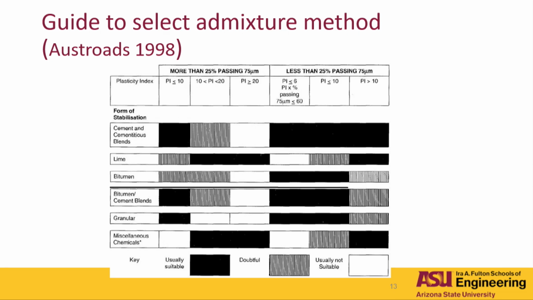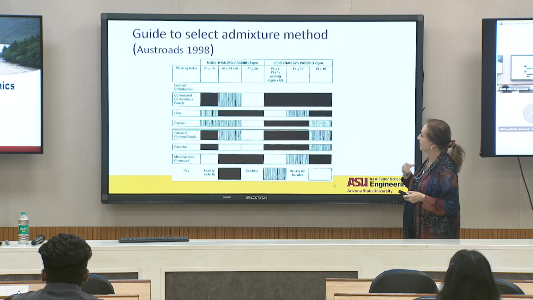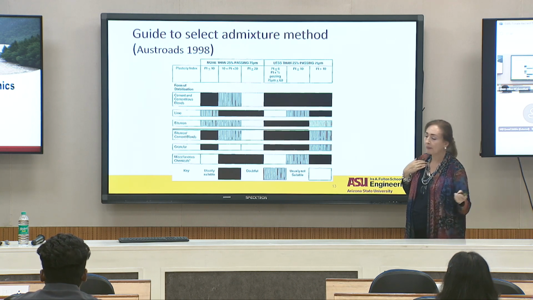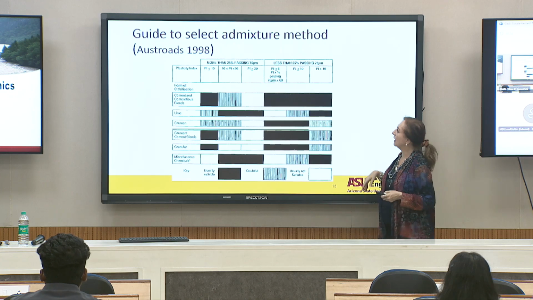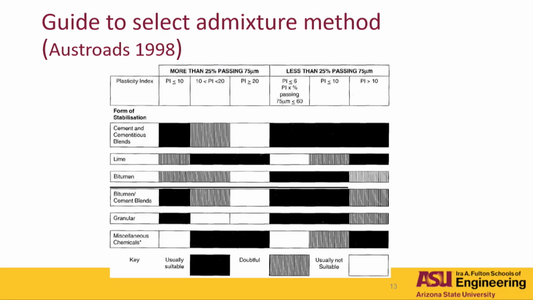For example, cement and cementitious blends are usually suitable for soils that have more than 25% passing, but the PI is less than 10, for example. But mostly it's used for those that have less than 25% passing number 200, but you can use it in most of them. Usually it's not suitable for soils that are plastic, right? Greater than 20 or so.